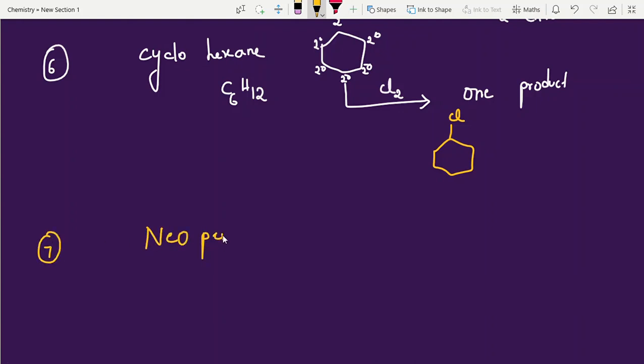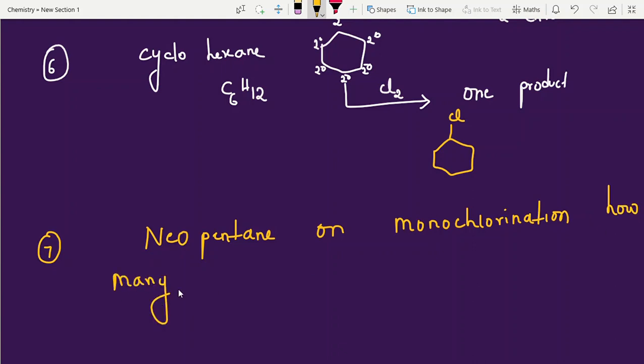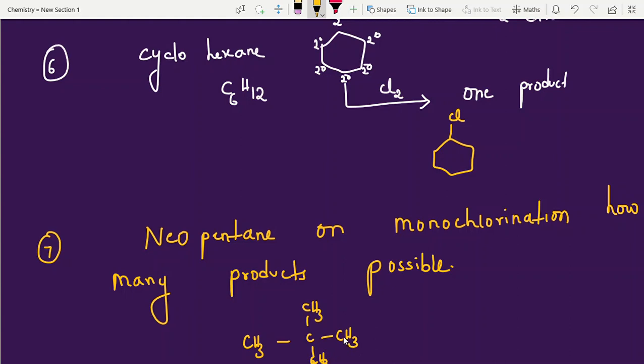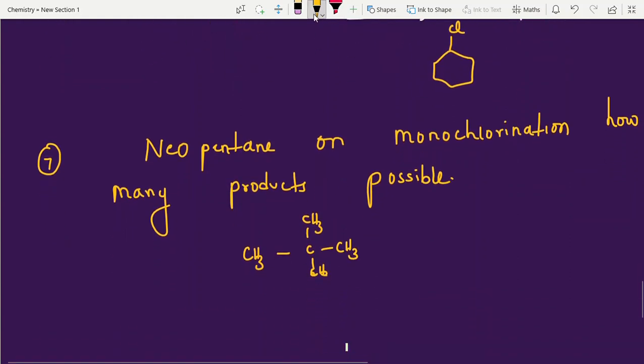Neopentane on monochlorination, how many products possible? Check it. CH3, CH3, CH3, all are CH3 groups, right? This is neopentane.